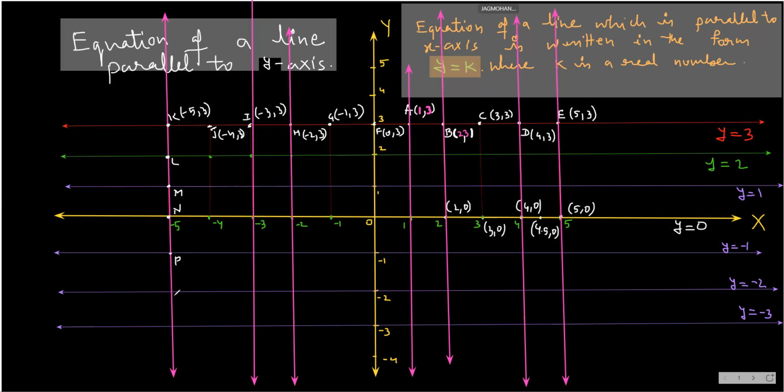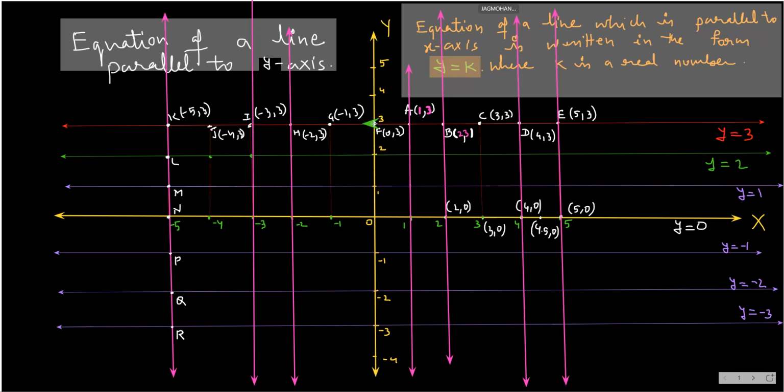I take a point P, I take a point Q and R. Okay, so let me now write the coordinates. Look at this. The coordinates of K are -5, 3. The x coordinate is -5. Why? Very simple. For the reason that the x coordinate of a point is a displacement.